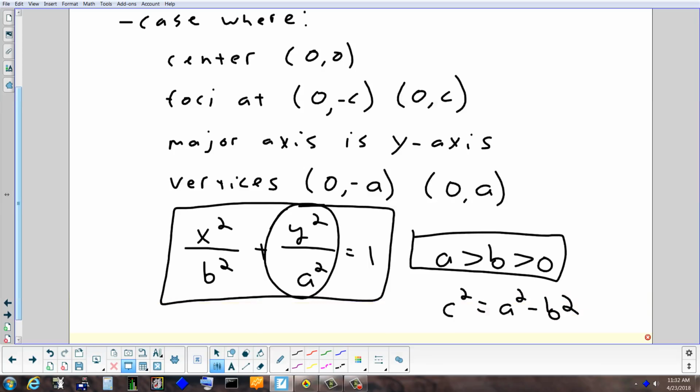Okay, so two types of problems you'll get here. I'll give you some information and you tell me the equation, or the other way around. I'll give you the equation, you tell me the four important points: vertex, focus, center, major axis.